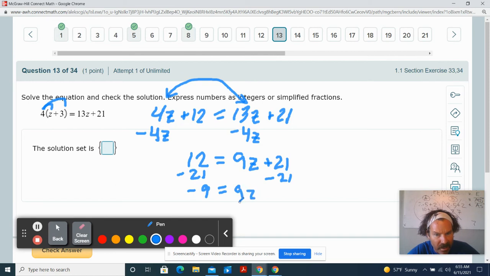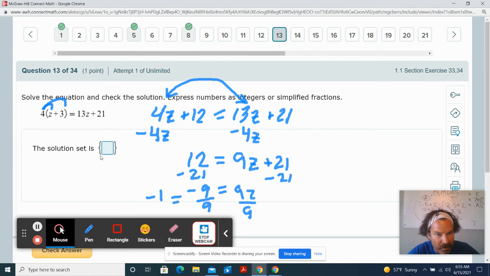That just means when I divide by 9, I'm going to get a whole number answer. Negative 9 divided by 9 is negative 1. So I can just put negative 1 up here. And check my answer here.